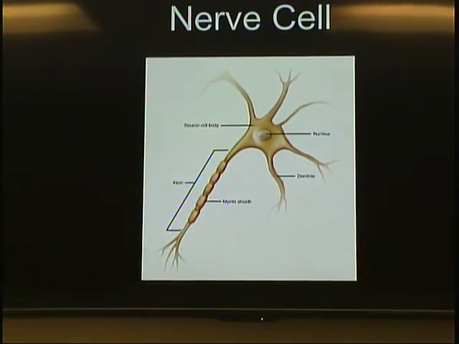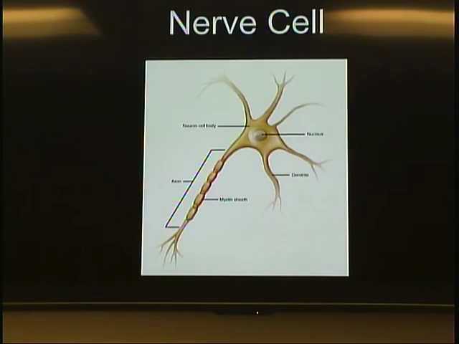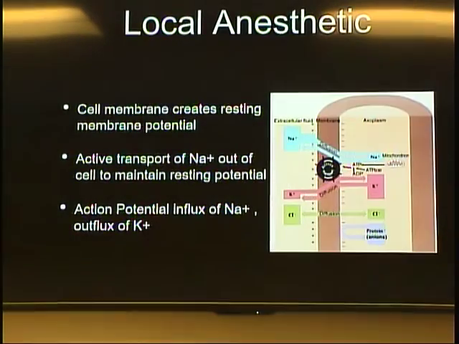So, does everyone remember this from Bio 101? Nerve cell, axon, dendrite. So that's what we're blocking with our local anesthetics. You have all these transporters in the cell transporting out sodium or potassium, and it creates this membrane potential, kind of like how a battery has different potential.